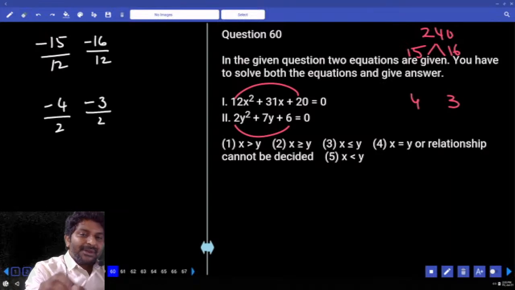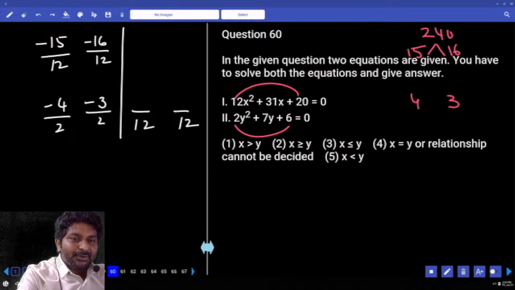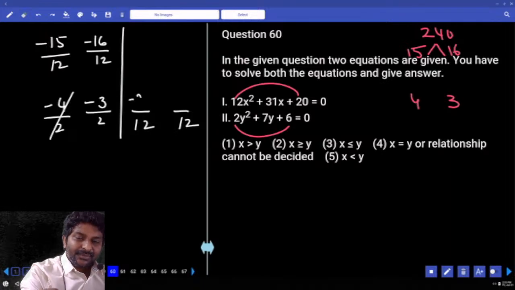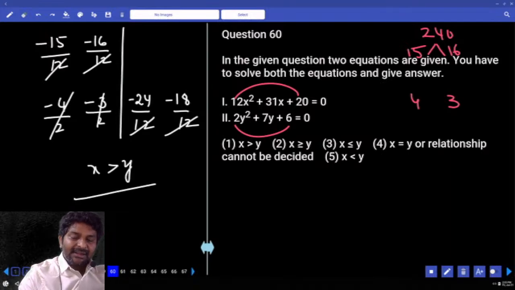Let's have same denominators in both cases. I want to have denominator 12 for factors of y. We should multiply both numerator and denominator with 6. 6 4s, 24. 6 3s, 18. All denominators are same. Now compare numerators. X is greater than y.